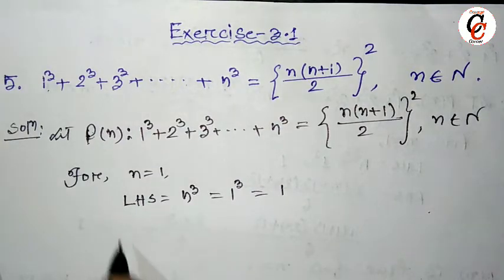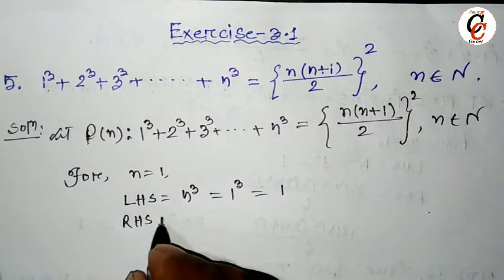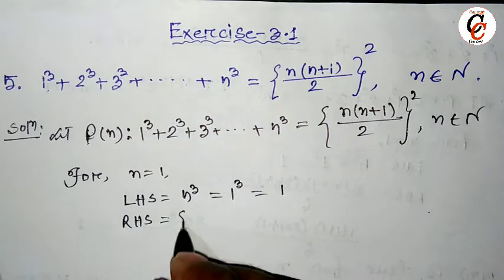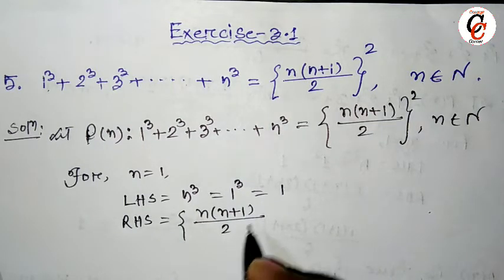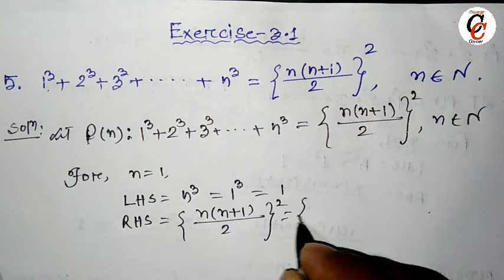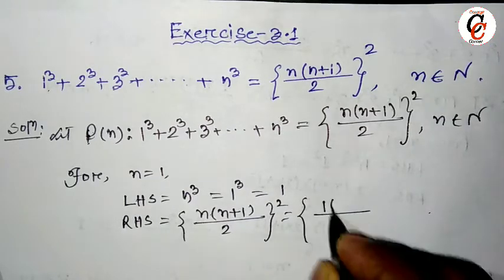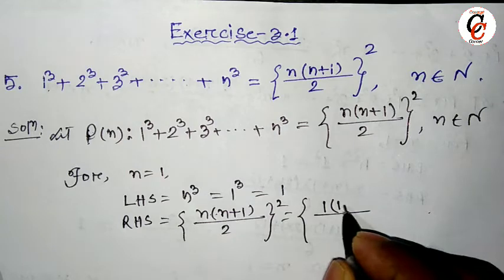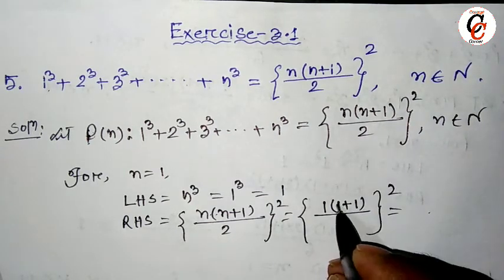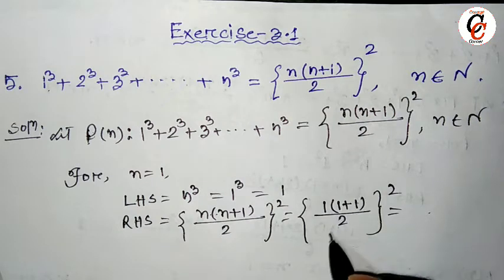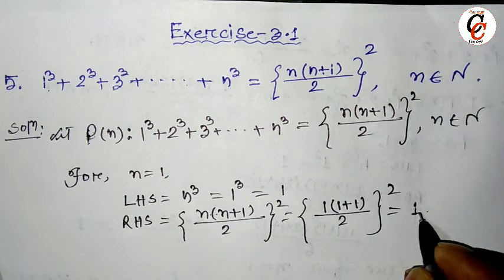So 1. Right hand side, we will put the value here, n into n plus 1 by 2 whole square. Here n means 1, n plus 1 is 1 plus 1, by 2 whole square. Here see, 1 plus 1 is 2, and 2 divided by 2 cancel, 1 square means 1.